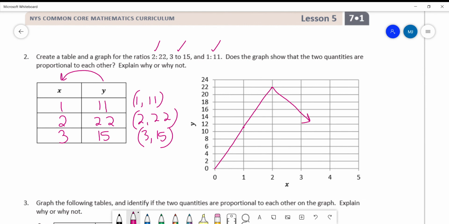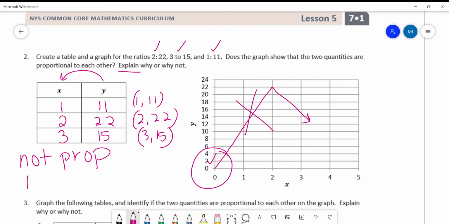And so it satisfies one thing, and that's that it starts at the origin. But does it make a straight line? No. And so the question says, does it show that they're proportional? They're not proportional. And then explain it isn't a straight line.